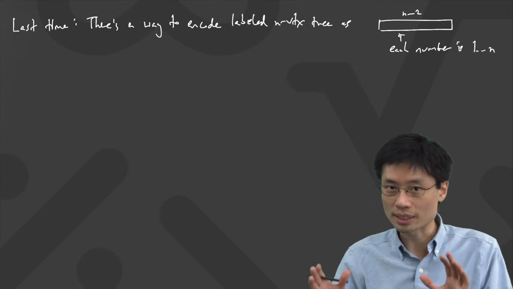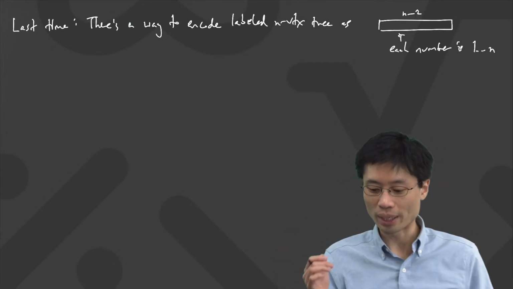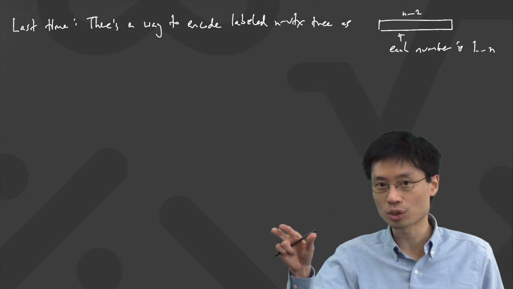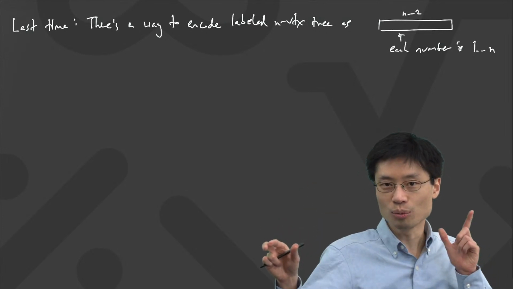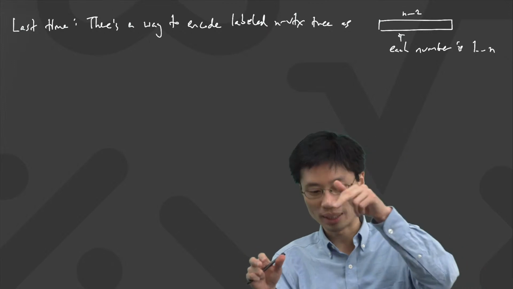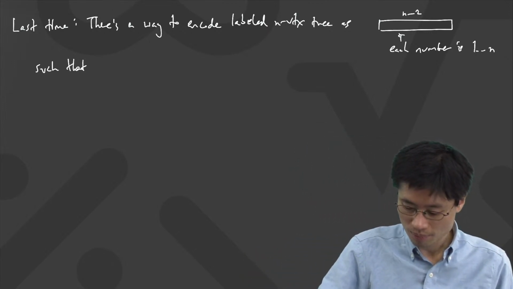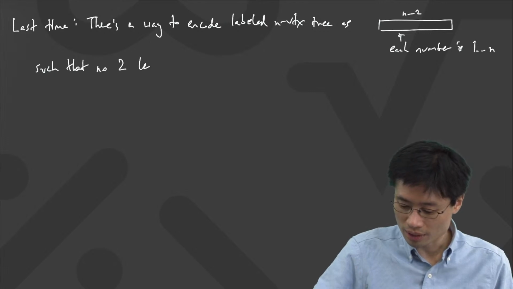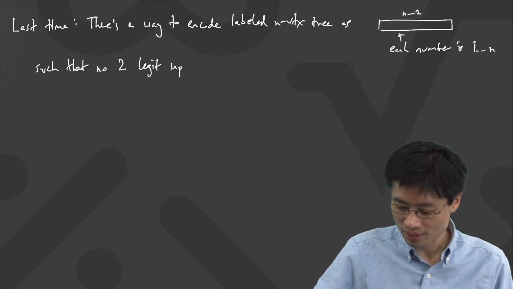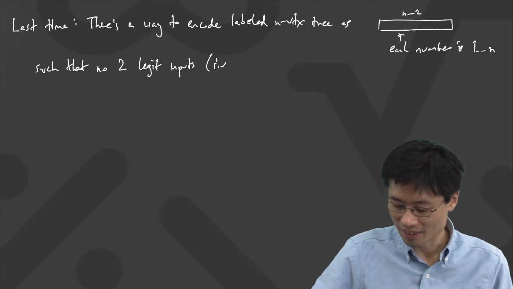So there's a way to do this encoding, but it has a special property where if somebody just gave you that strip, you can know exactly which legit input went in, such that no 2 legit inputs, i.e.